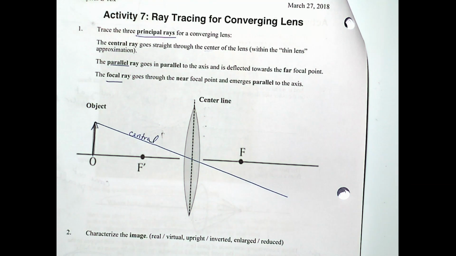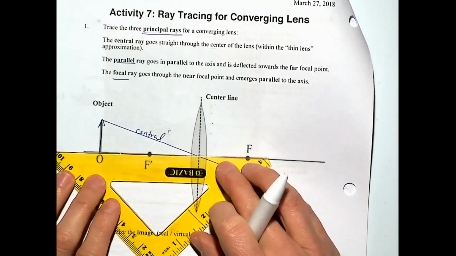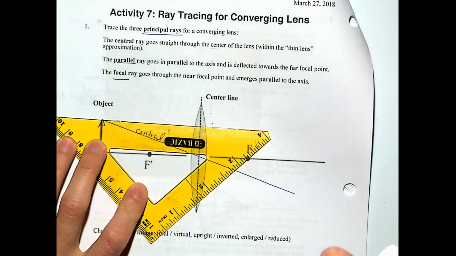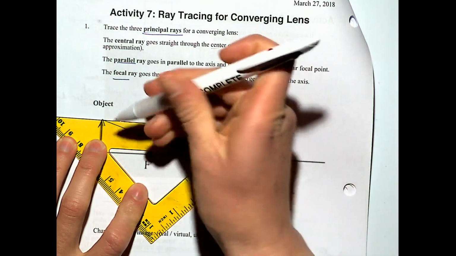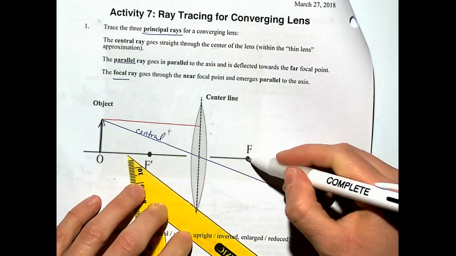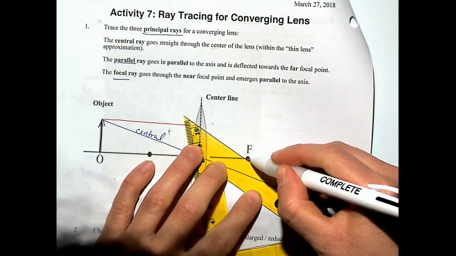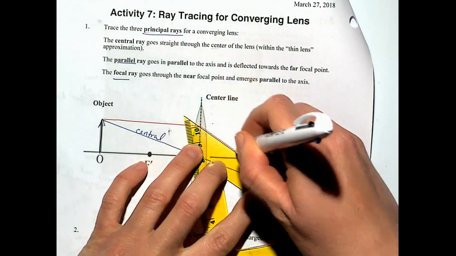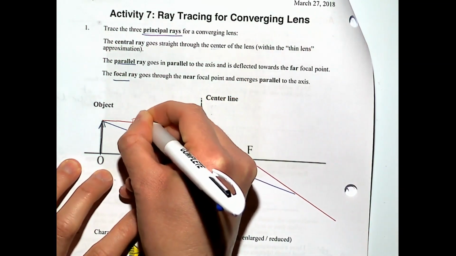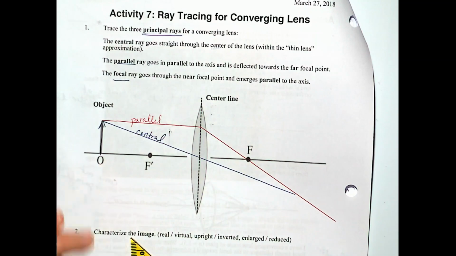So the parallel ray is going to go in parallel to the optical axis. So like this. And then it's going to go through the far focus. So this is the parallel ray. And then finally, we have the focal ray.